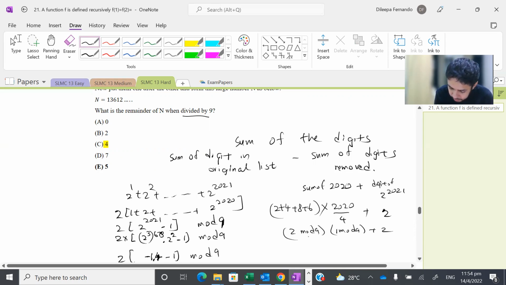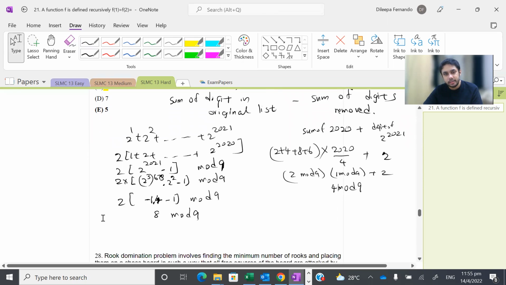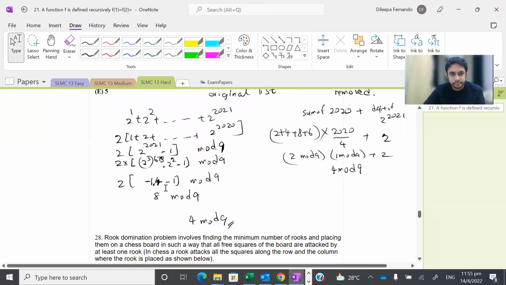That means 4 mod 9. And from the previous summation you have 8 mod 9, from the second summation you have 4 mod 9, so the answer is 4 mod 9.